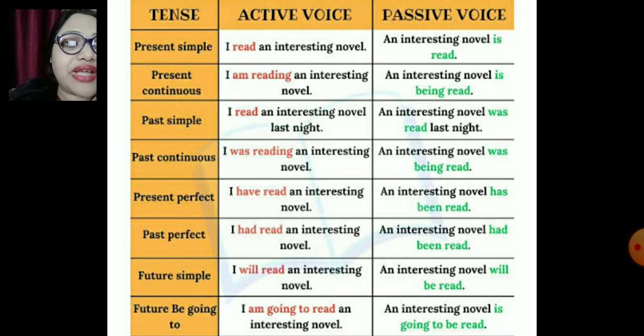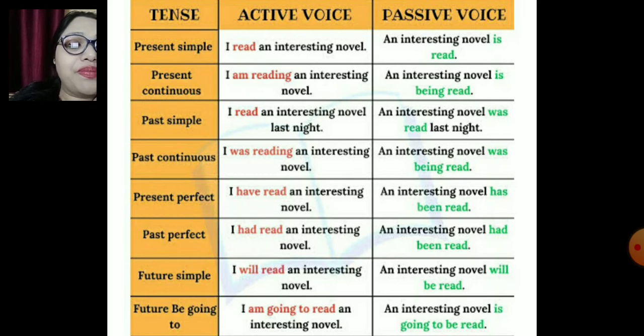For the case of present perfect, I have read an interesting novel. For the change of active to passive voice, an interesting novel has been read. For past perfect, I had read an interesting novel, had been read. For future, will read changes to will be read.